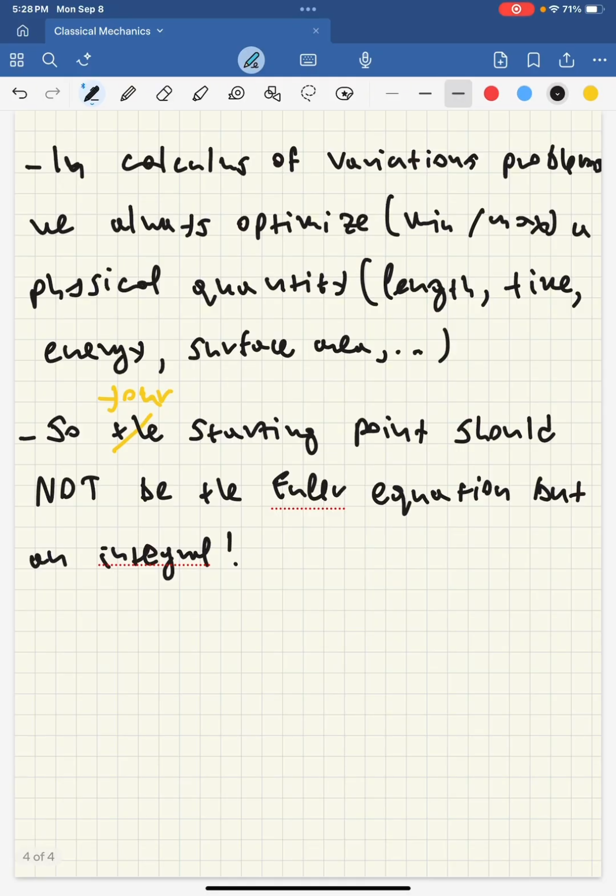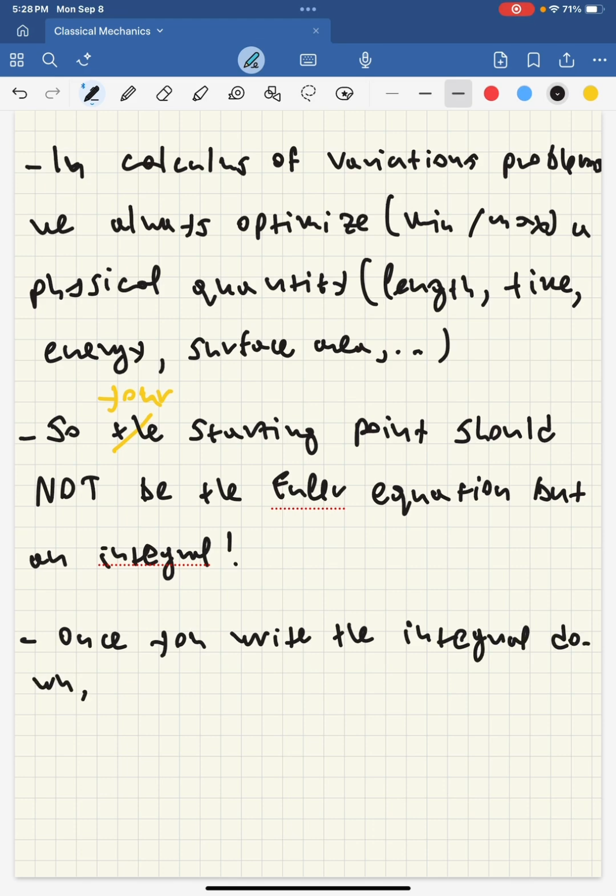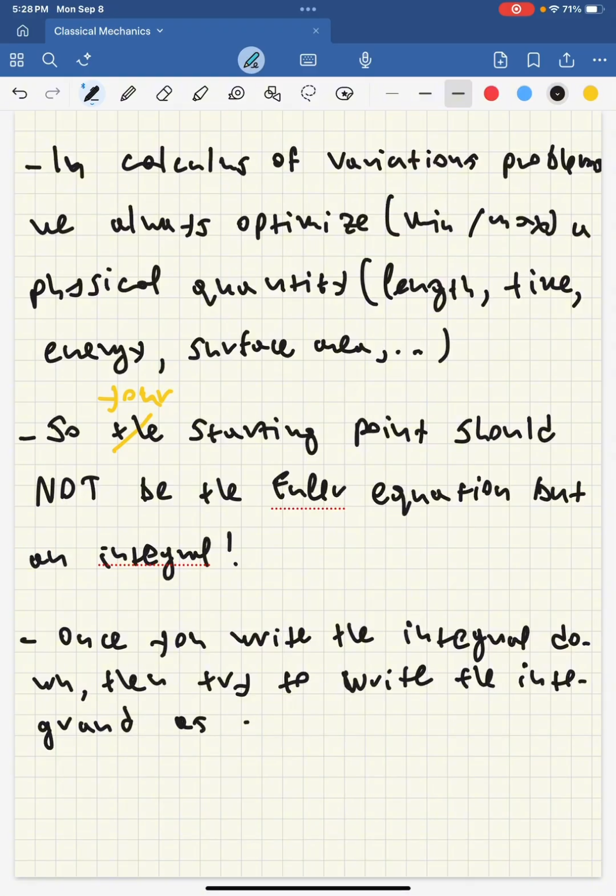Once you write the integral down, then try to write the integrand as a function of y prime, and maybe x.